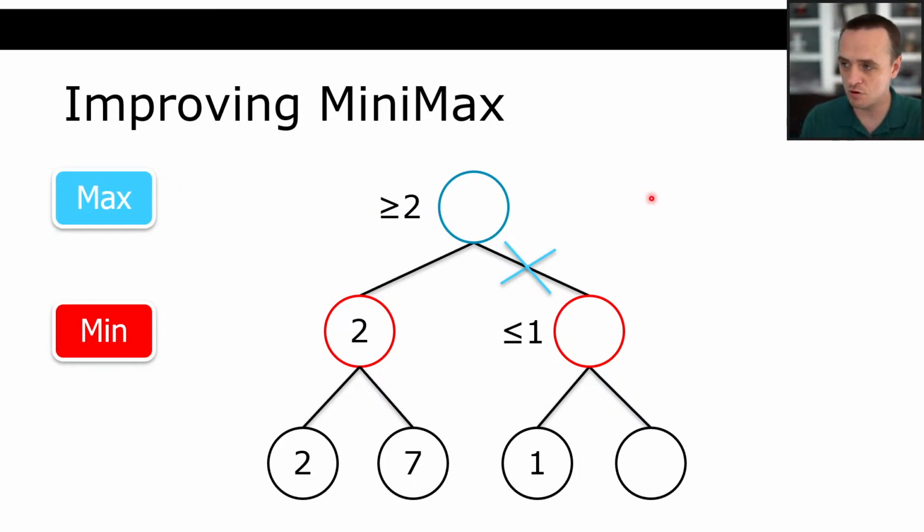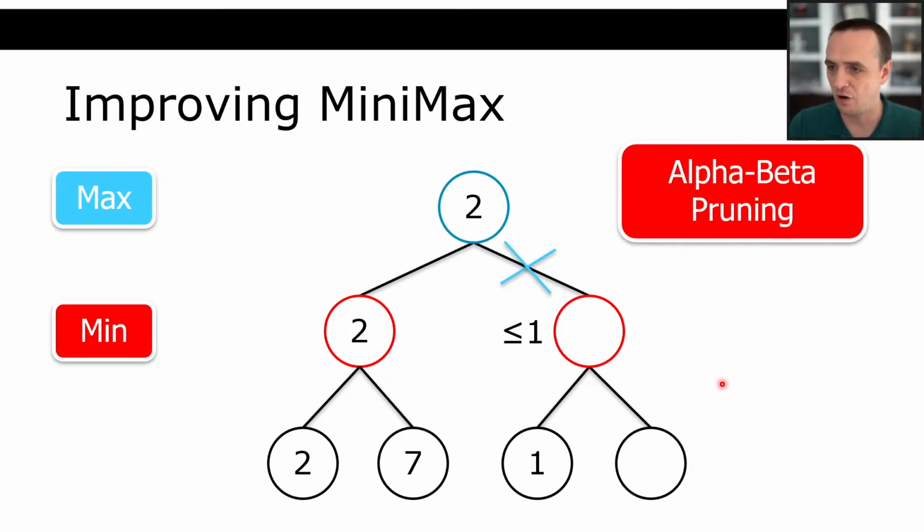So I'm pruning part of the tree, okay? When you go out and you prune an actual tree, that's what you're doing. So I know here that this is going to be a 2, without ever looking at the computation of this. There could be a million nodes down here and it doesn't matter.